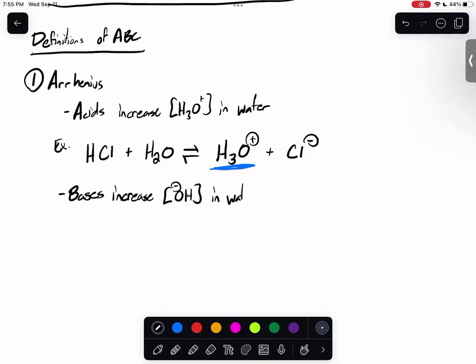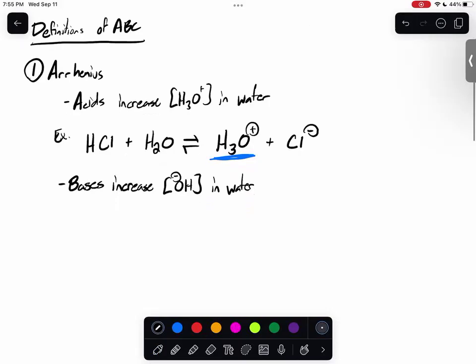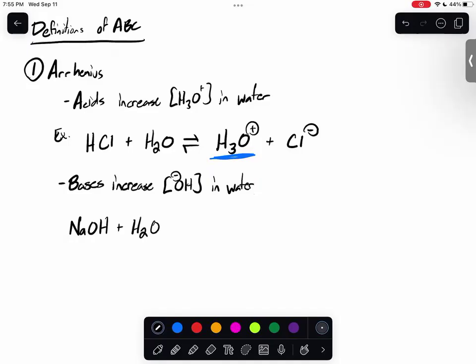There are multiple ways to think about it, but the first way is, if you throw sodium hydroxide into some water, as we know from good old general chemistry, hopefully, the salt will dissociate into sodium and hydroxide, and the water will just be around as water. But as we can see, the Arrhenius definition applies because the product here is hydroxide, and so it is increasing the concentration of hydroxide in water.